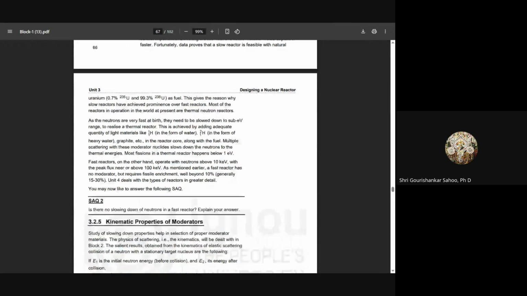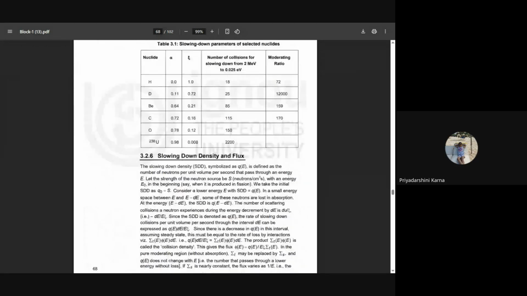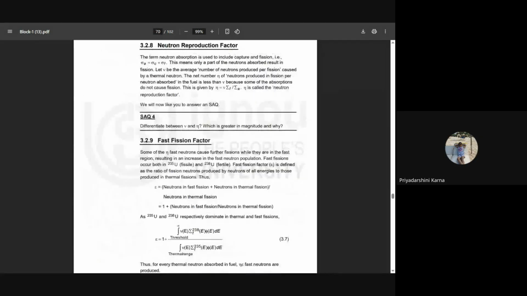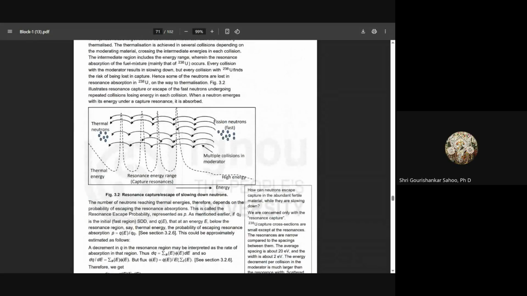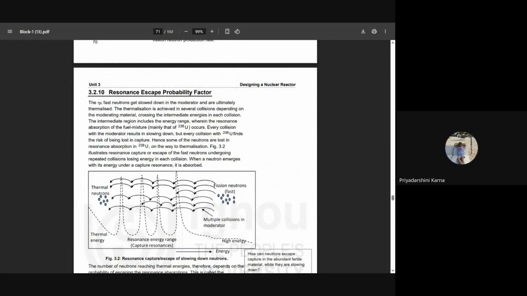So there are two types of reactors. One where there are moderators in the form of graphite or heavy water, where the neutron is slowed down and becomes around 1 electron volt.